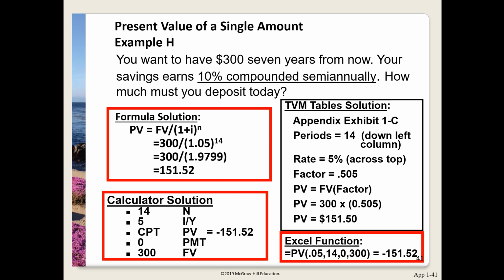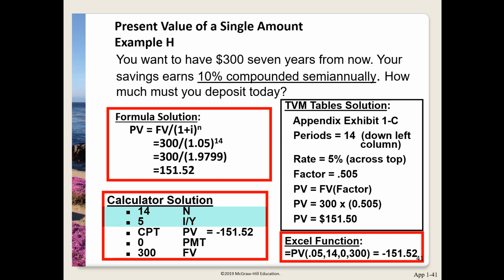Example H on page 35 uses dollar amounts other than $1. In this example, you need $300 in 7 years. If you can earn 10% compounded semi-annually, how much do you need to deposit today? The semi-annual compounding requires us to match the interest rate and the number of periods. So N is equal to 7 years times 2, 14.